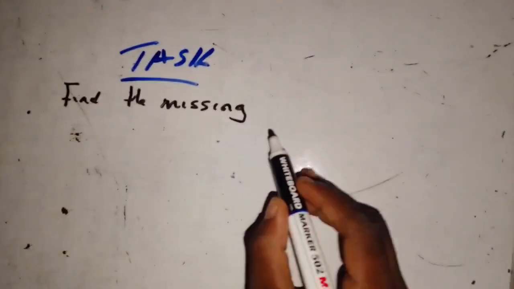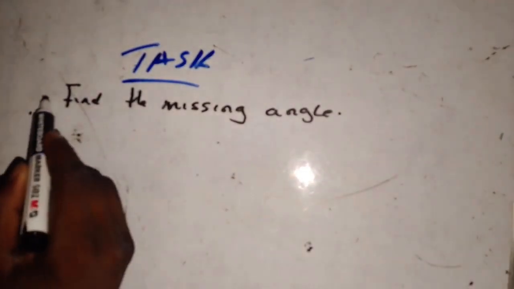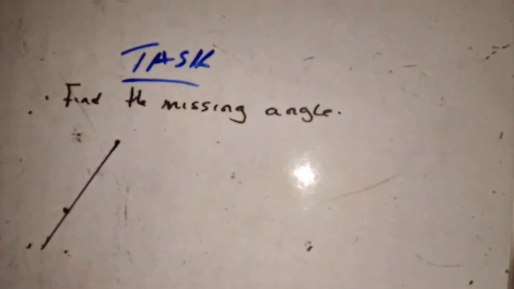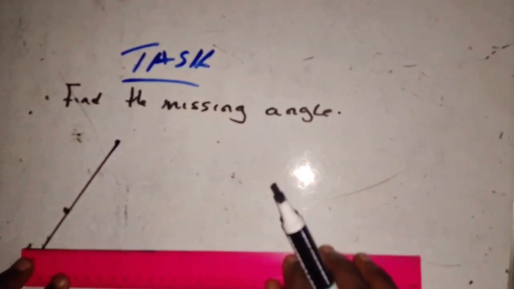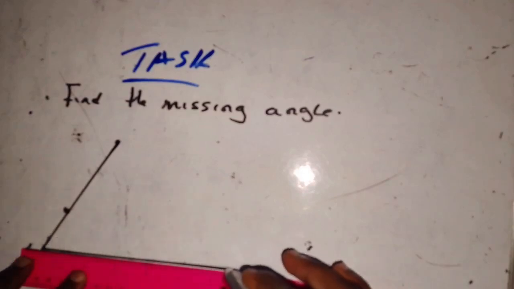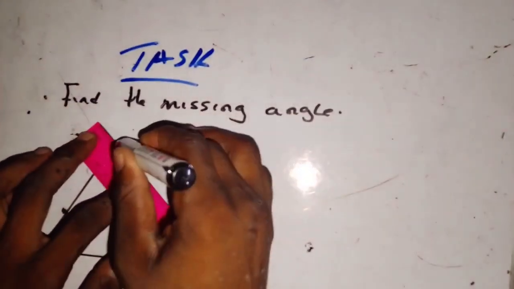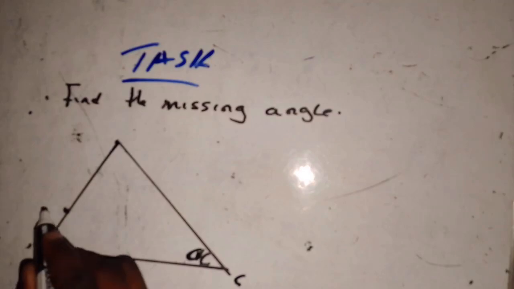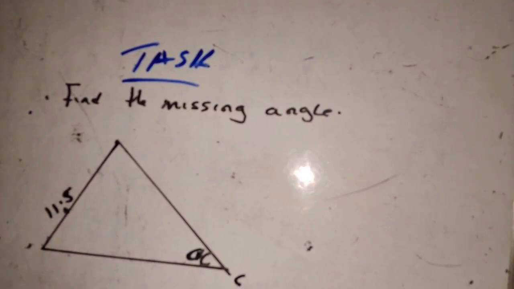So we have this line, and here we have a theta, and this is C. Here we have 11.5, and here we have 17.5 meters.